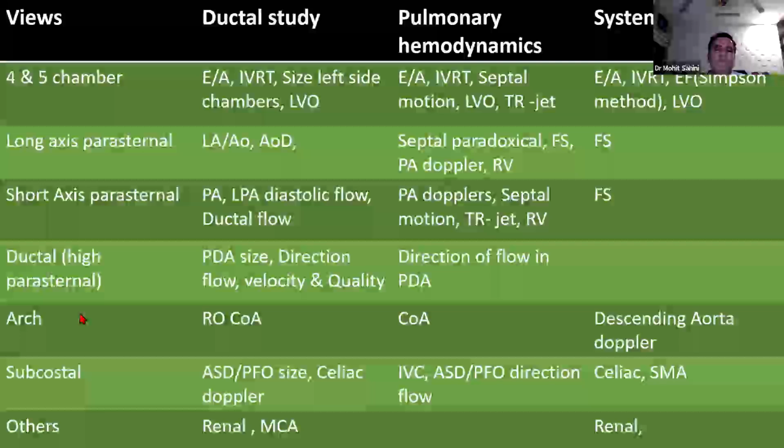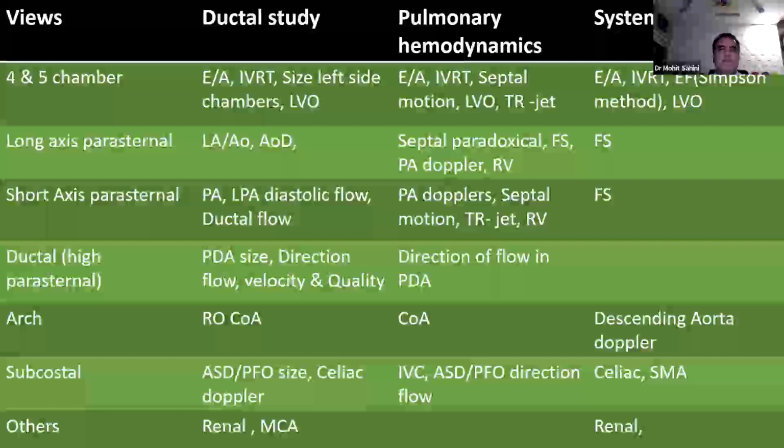Then we have the high parasternal views in which we have, on the right subclavicular area, the arch view. In the left subclavicular area, we have the ductal view. And in the left subclavicular area at 3 o'clock, we have the pulmonary artery view. And then sweep down by keeping the probe at 3 o'clock, pulmonary vein. And then in the end, we do subcostal views. Again, in that, we have transverse and longitudinal.